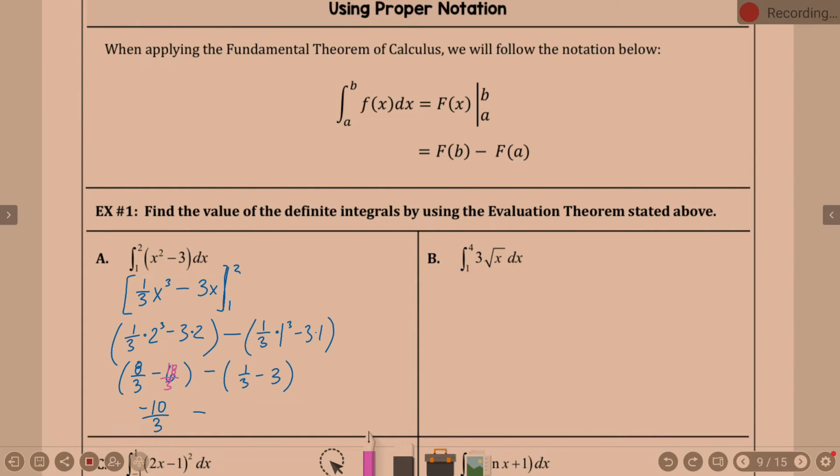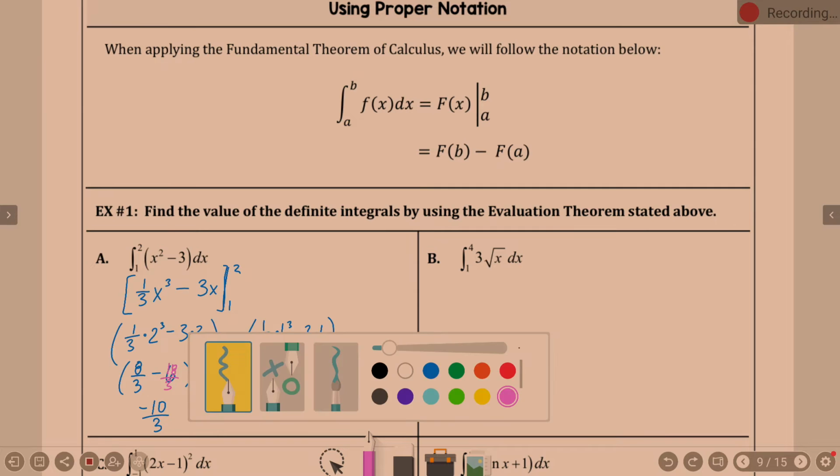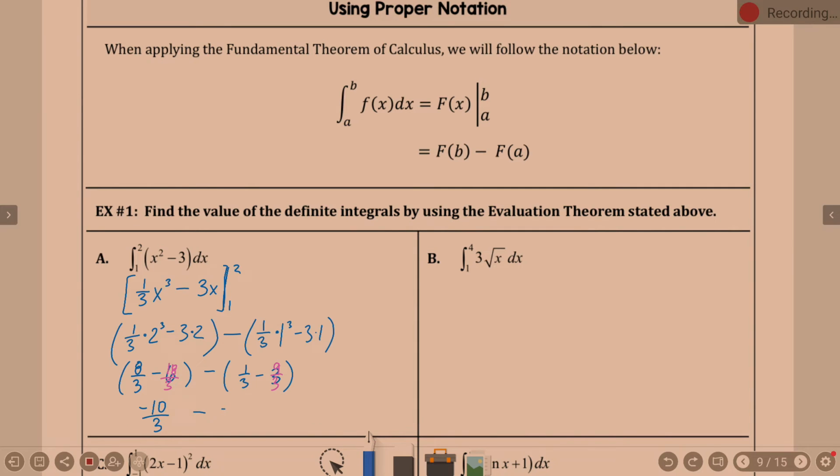Well, 3 in thirds is 9/3. 1/3 minus 9/3 is going to be negative 8/3, right? So now I have negative 10/3 minus negative 8/3. So negative 10/3 plus 8/3 is negative 2/3.